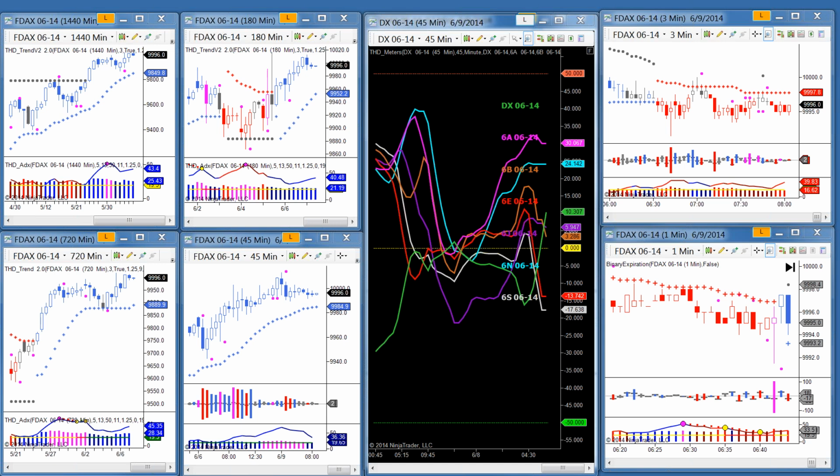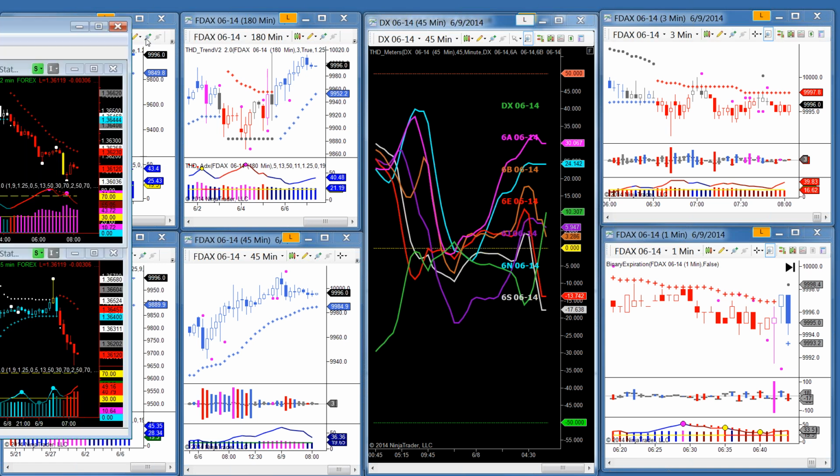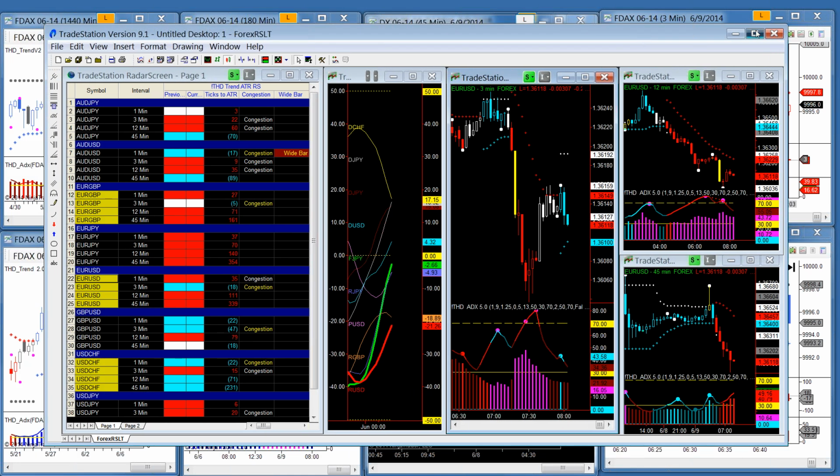Also, what I wanted to do, because I don't show TradeStation very much in the room, I wanted to go ahead and show TradeStation. I've got it set up for the Forex charts. So let me drag it over real quick.